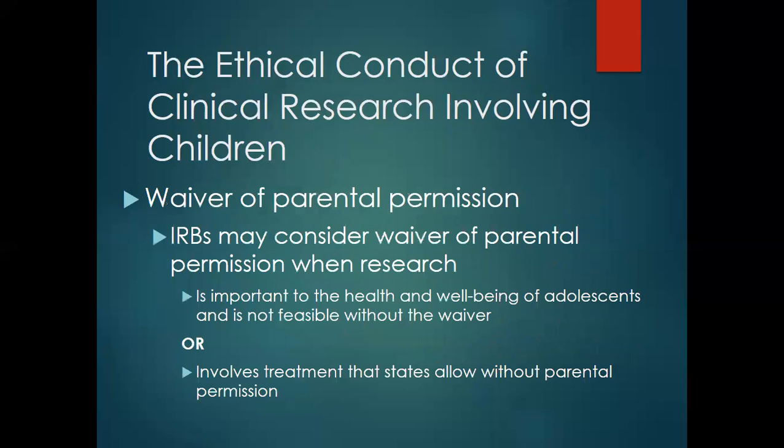So parental permission waivers, if we come back to talk about IRBs, they can consider waivers of parental permission within research if it is important to the health and well-being of the adolescent and it's not feasible without a waiver or involve treatment that states allow without parental permission.